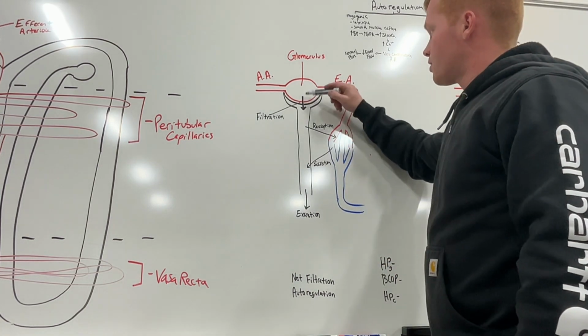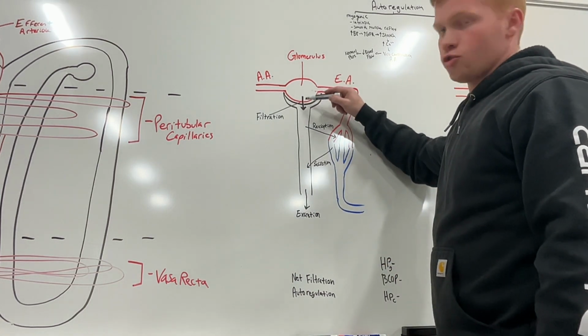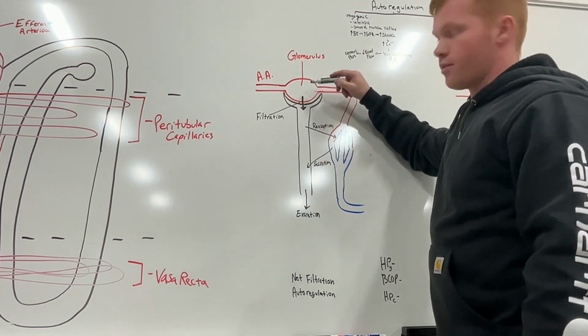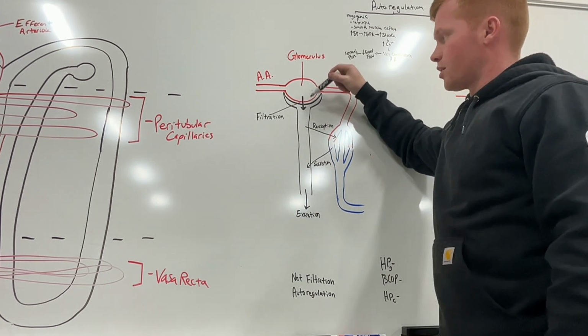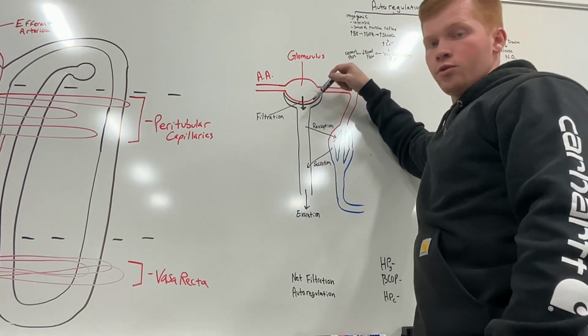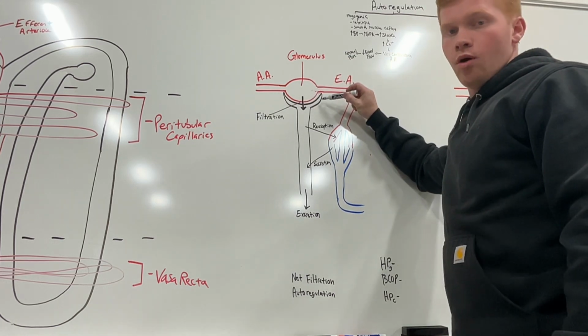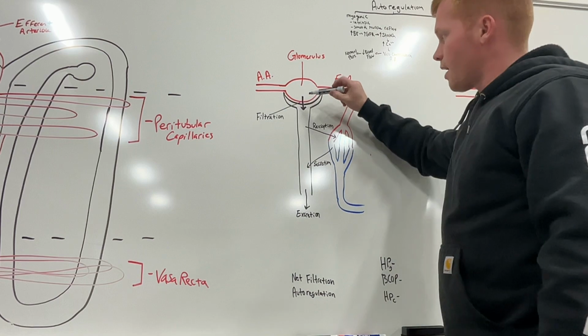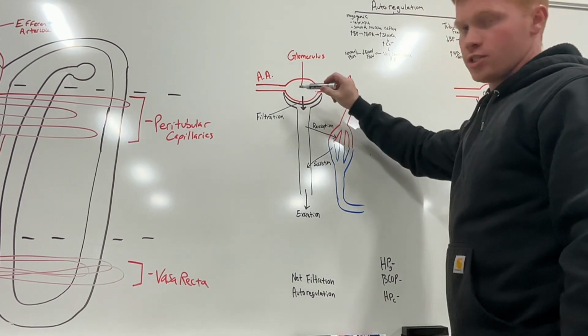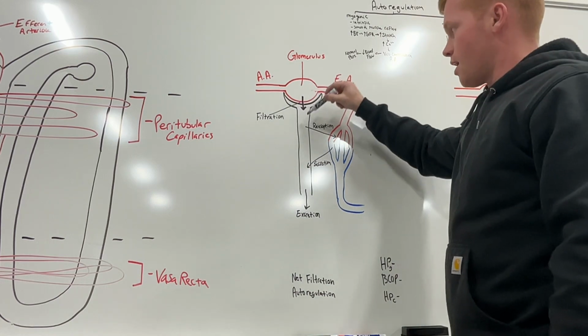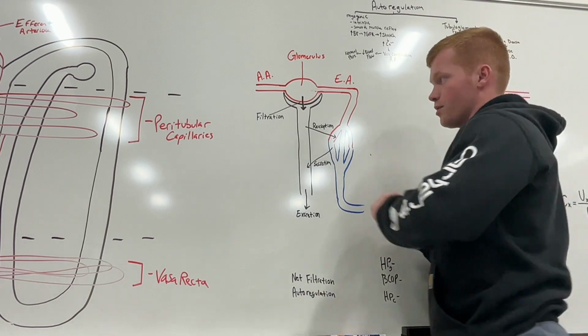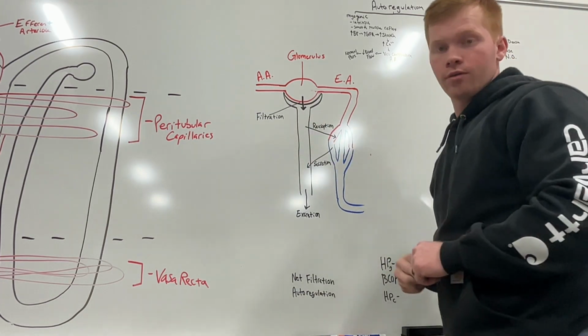And this is where filtration happens. There's a pressure within this capillary, and the pressure pushes fluid through the capillary into this part right here, which is called the Bowman's capsule. And it'll go through a filtration process through the membrane, and it will be into the tubular, or the tubule.